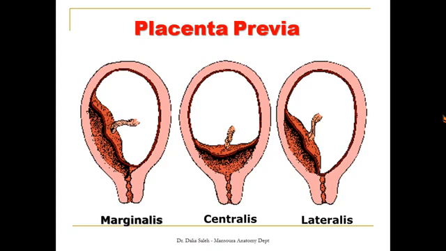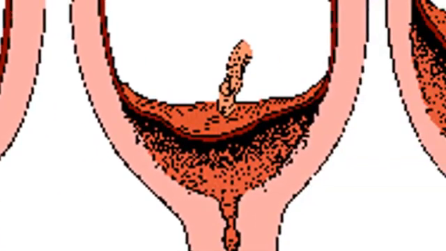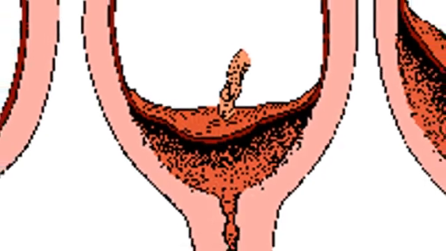So placenta previa could be as follows: placenta previa lateralis, where the placenta lies at the lateral side of the internal os, or the internal opening of the cervical canal. Another case is called placenta previa marginalis, where the placenta covers the margin of the internal os of the cervical canal, and the severe case is called placenta previa centralis, where the placenta completely covers the internal os of the cervical canal.